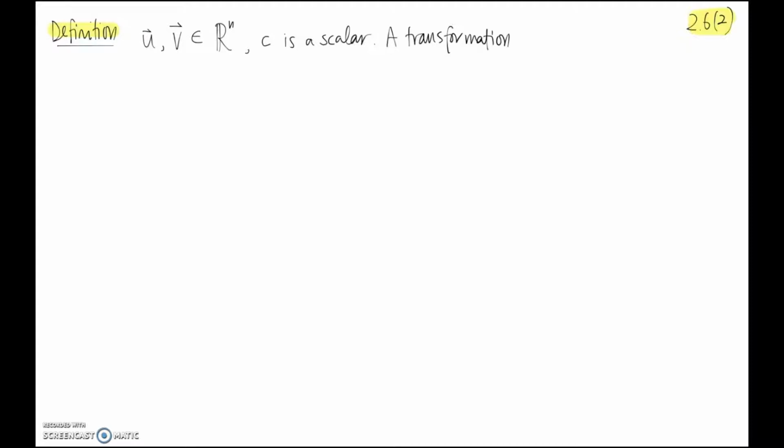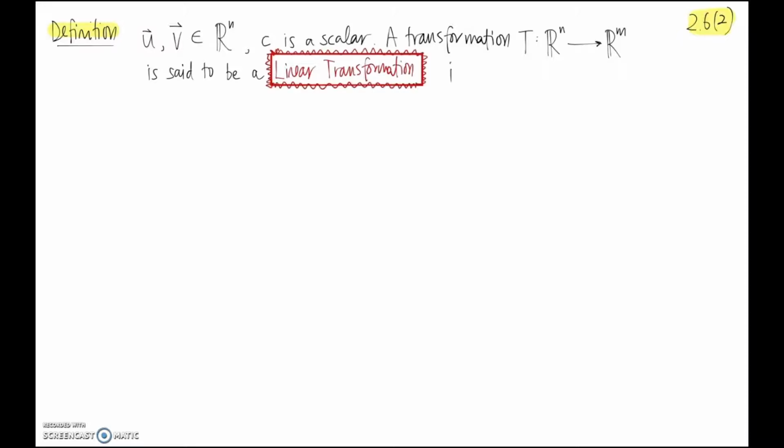And a transformation, and we can call it T from Rn, we don't always have to stay in the same vector space. It can move between vector spaces. It is said to be a linear transformation if the following holds true.